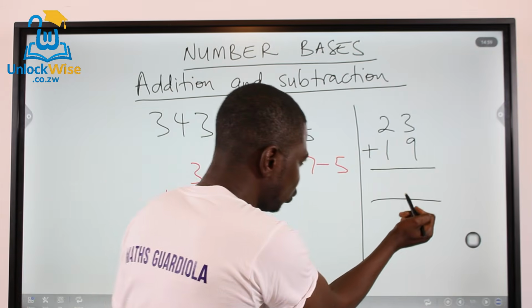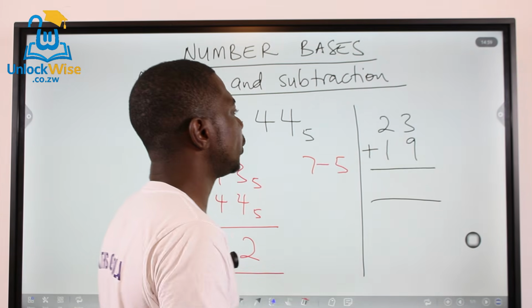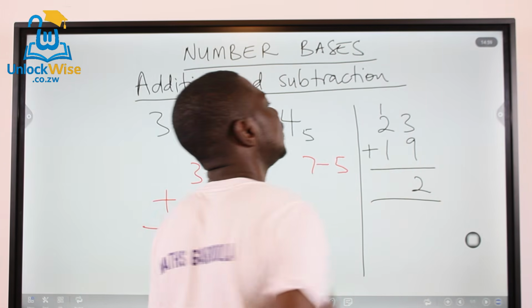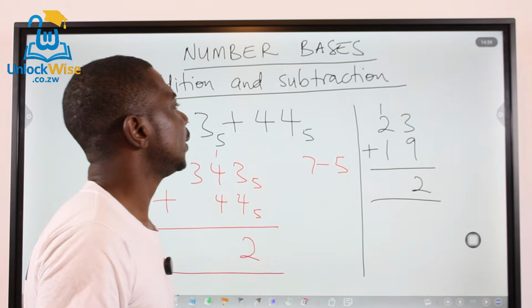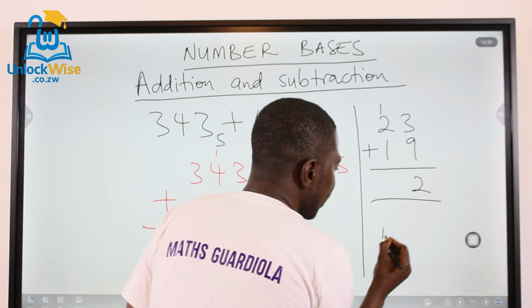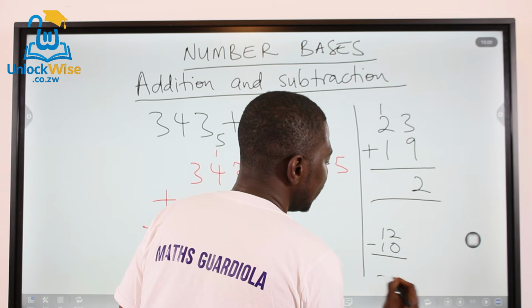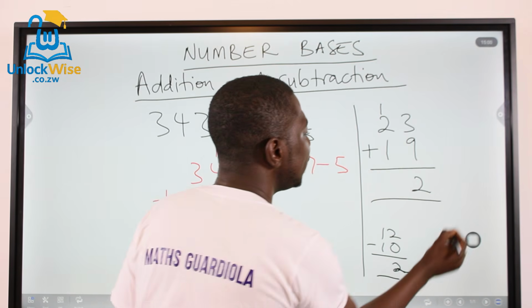But we don't write 12 here. What do we do? We write 2 and we carry 1. Why? Because we say 12 minus the base, which is 10, we will get 2. The 2, we write it here.